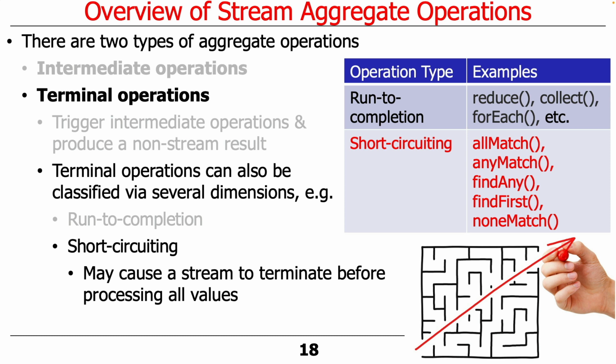For example, if you pass in all match, then the moment something doesn't match the predicate, the terminal operation bails out because it failed its predicate. So those are the ways of slicing and dicing the terminal operations and the intermediate operations.